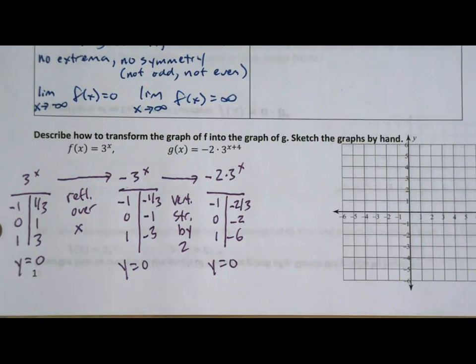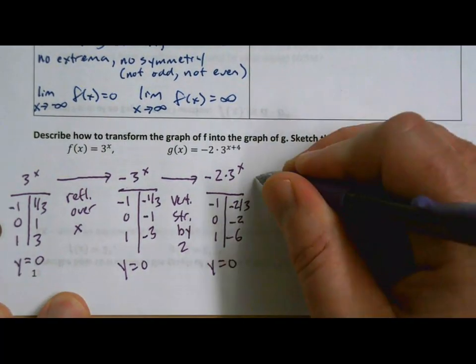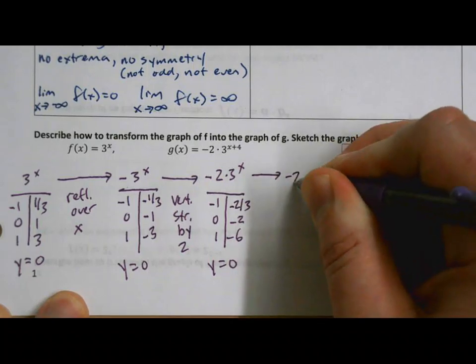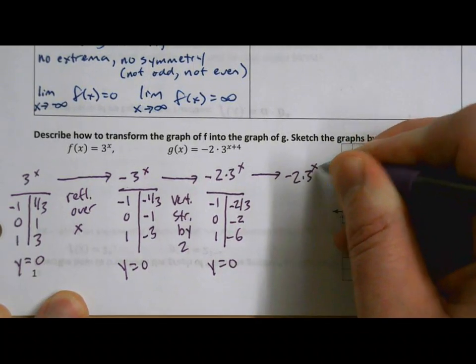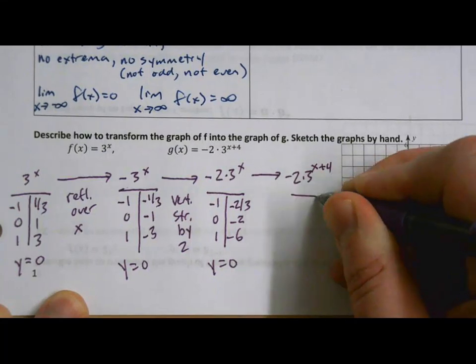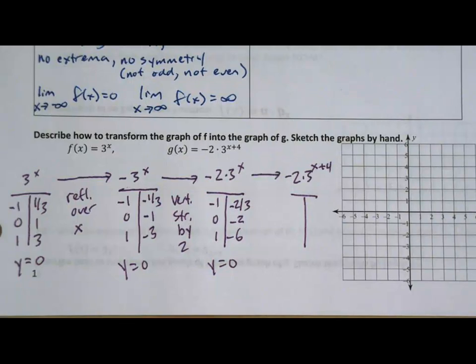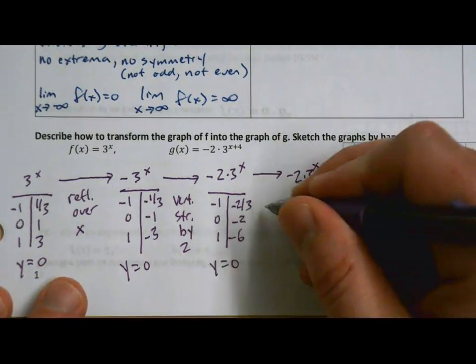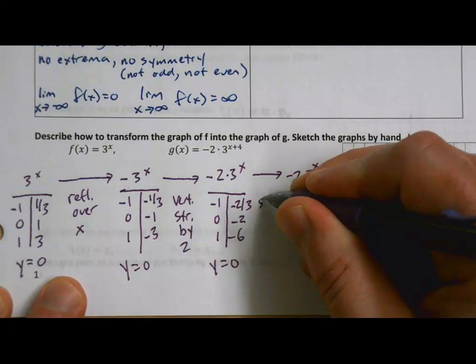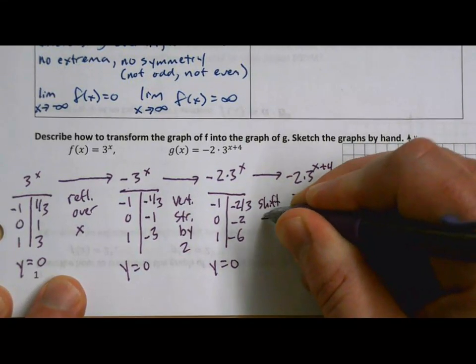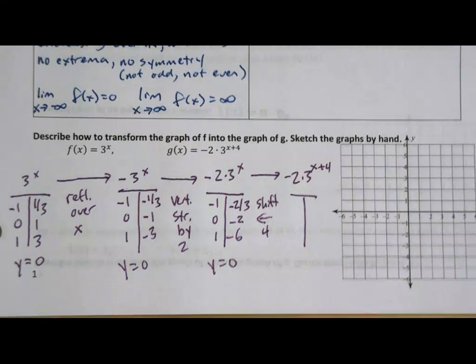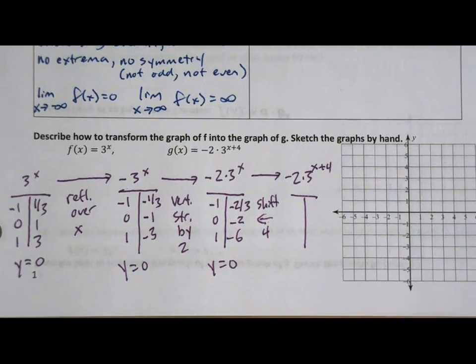All right, we only have one more transformation to do. That's going to be our shift. We're adding on to the x. It's backwards, so that's actually going to shift us left 4. Shift left 4. Which this time is going to change our x coordinates. We'll subtract 4 from each of our x coordinates.